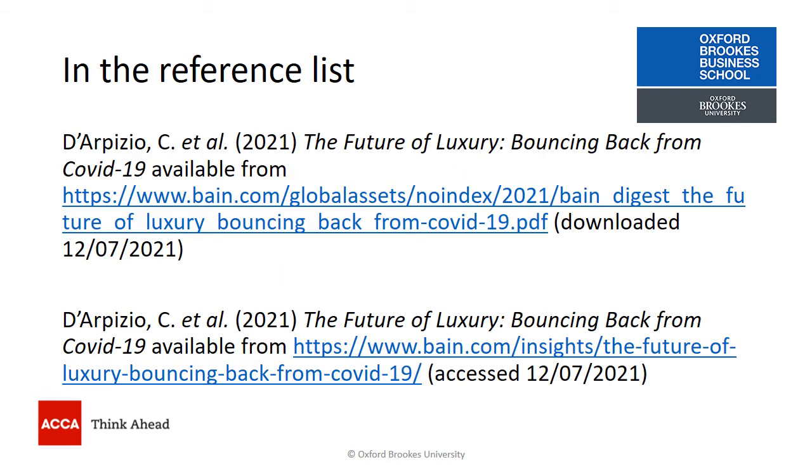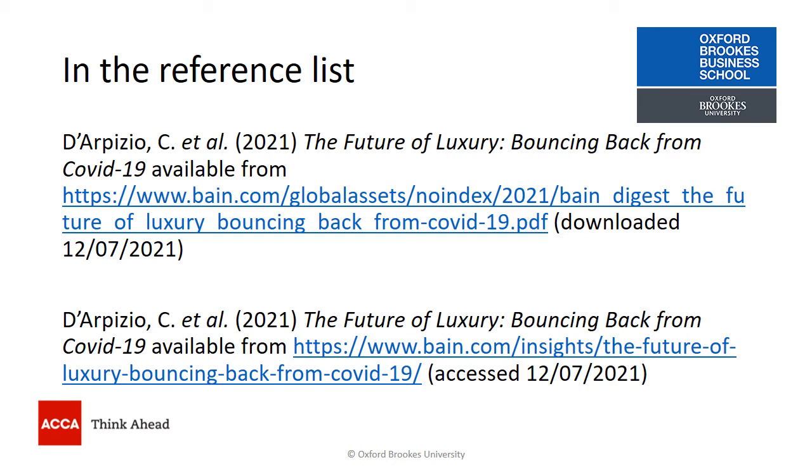Now, in the reference list, the way that we would include this depends on whether or not we had looked at the report as a web page or whether we had downloaded the PDF. So in both instances, we include in the reference list the author's name and initial, and because there are 5 authors, we include the et al, the date.